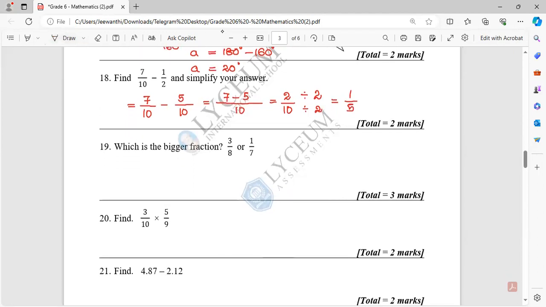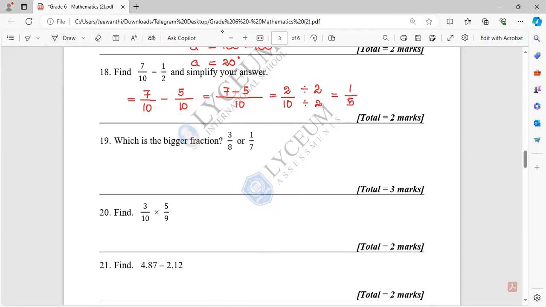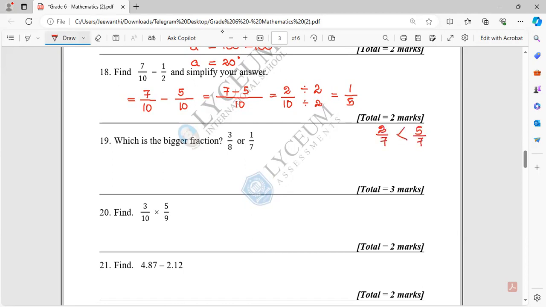So then the next one, you want to find which is the bigger fraction. When you have, let's say, 2 over 7 and 5 over 7, straight away you can say 5 over 7 is bigger. For example, you have 2 cakes and you cut them into 7 pieces. Child A has taken 2 pieces, and child B has taken 5 pieces from the second cake.